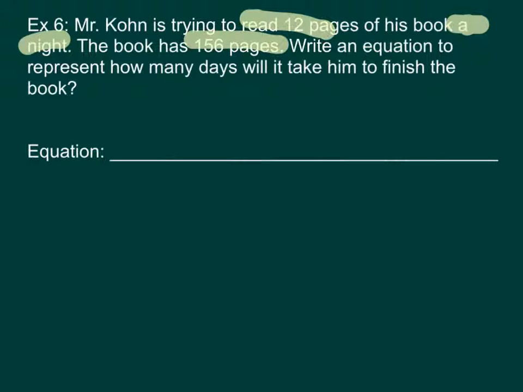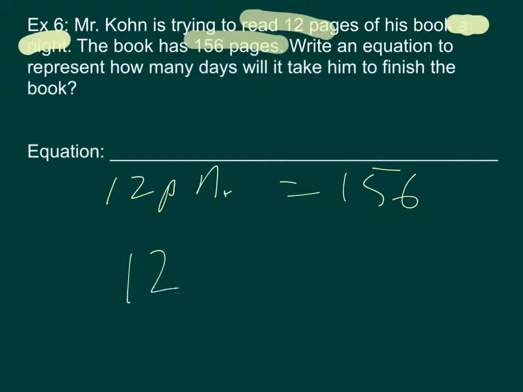It gives us a rate, an amount. So what we have here is 12 per night. Well, the book has 156 total pages. So, 12 pages per night equals 156 pages.